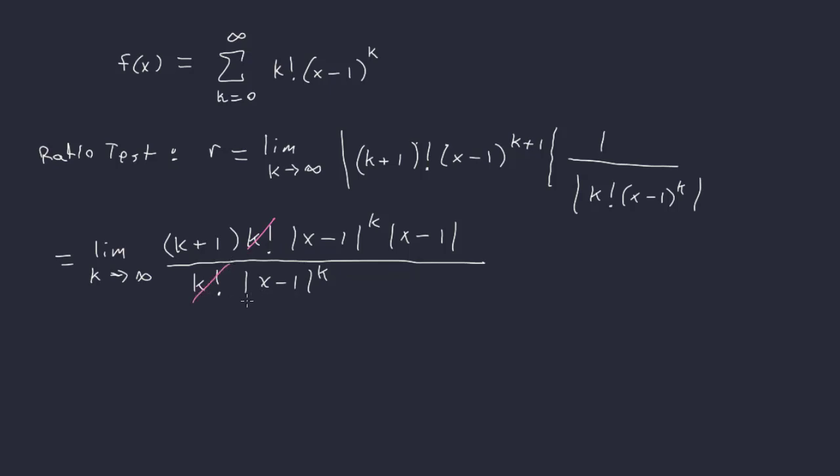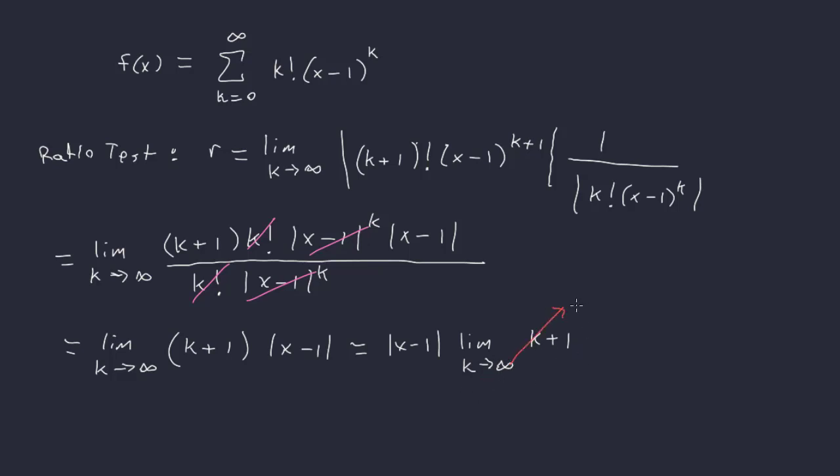All right, so the factorials cancel, the (x minus 1) to the k's cancel, so then we're left with the limit as k goes to infinity of (k plus 1) times the absolute value of (x minus 1). Okay, so like before, we can just take that absolute value of (x minus 1) out, and this will be the limit as k goes to infinity of k plus 1. Well, as k goes to infinity, k plus 1 definitely also goes to infinity.